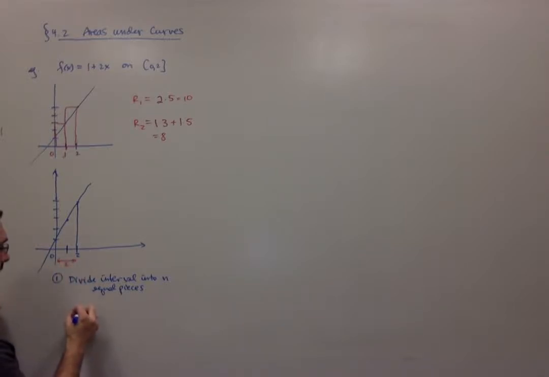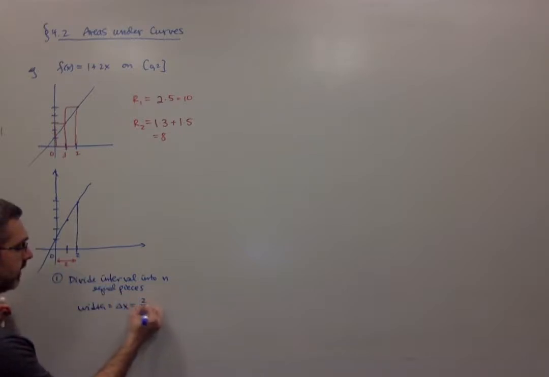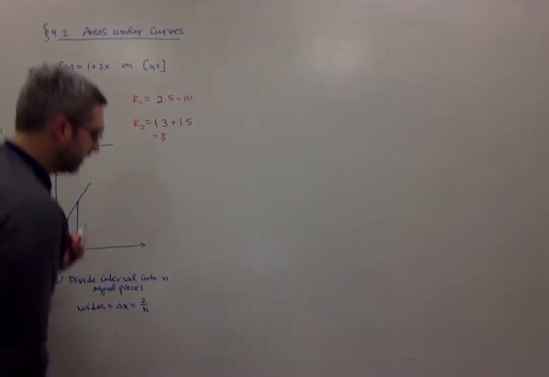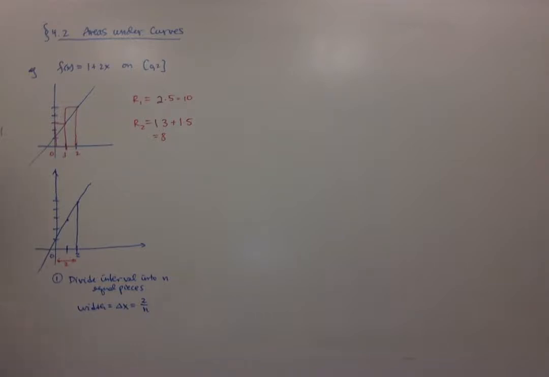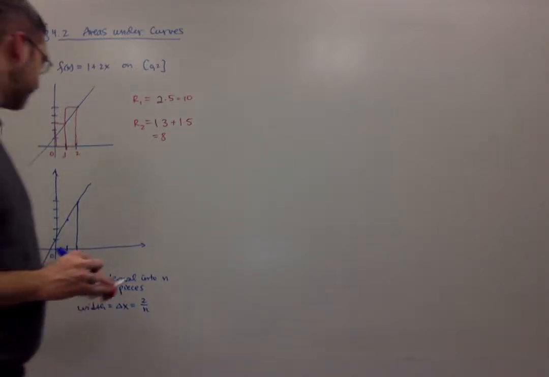So the width of each piece, which we're calling delta x, if I have n equal pieces and the overall width is 2, is going to be 2 over n, right? The width of each piece is going to be 2 over n.